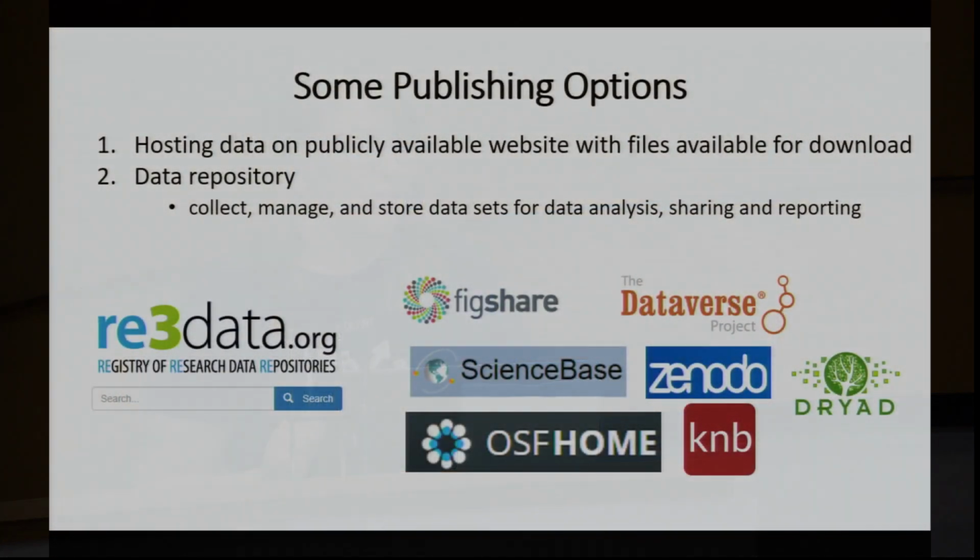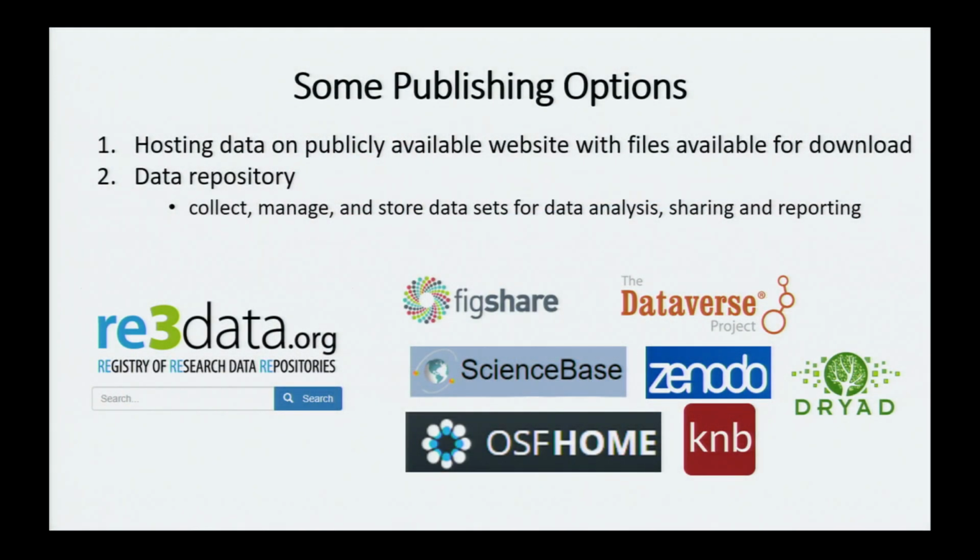So here are some of the more common data repositories that are used in our ecological world. And we, as the data utilization work group, looked at all of these different data repositories and others, looking at a variety of metrics to try to figure out which data repository would work best for our needs.